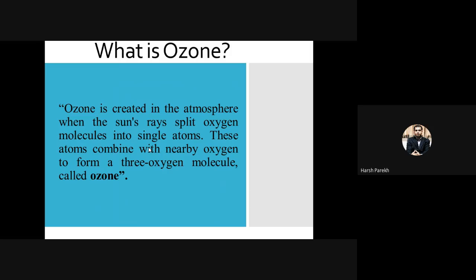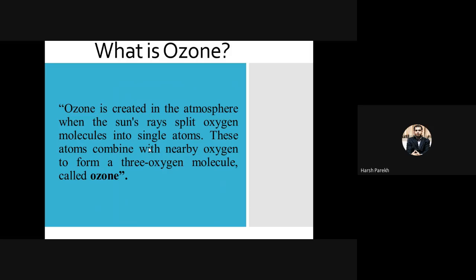Now, what happens with this? The ozone layer has been created with two covalent bonds and one single bond with the oxygen. So the third atom which connects with the oxygen O2 does not have a strong bond. This bond is quite weaker than the bond between two atoms of oxygen.